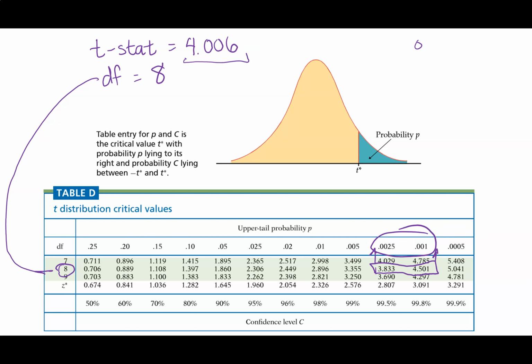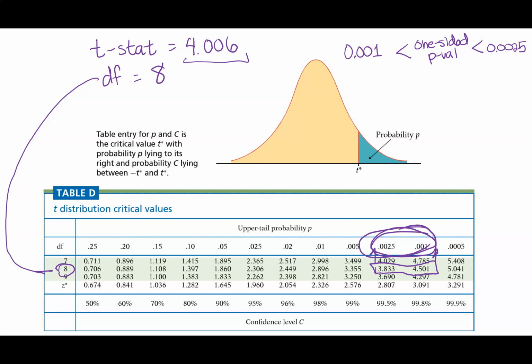So my one-sided p-value is going to be between those two numbers. Remember to put the smaller one on the left. So 0.001, 0.0025. It is super easy to goof up the order because if you use the order that they have here, it's going to be backwards.